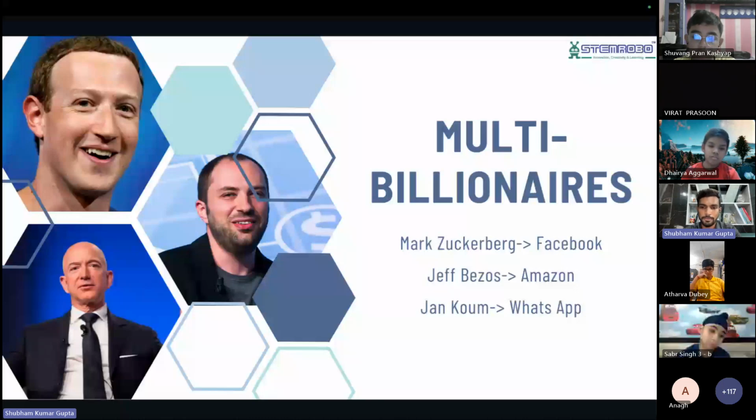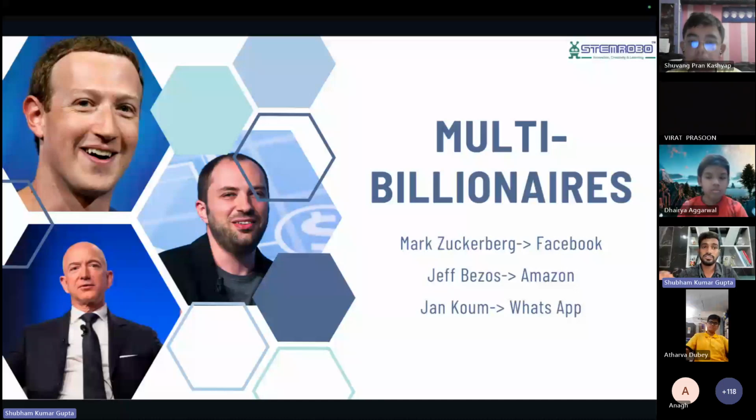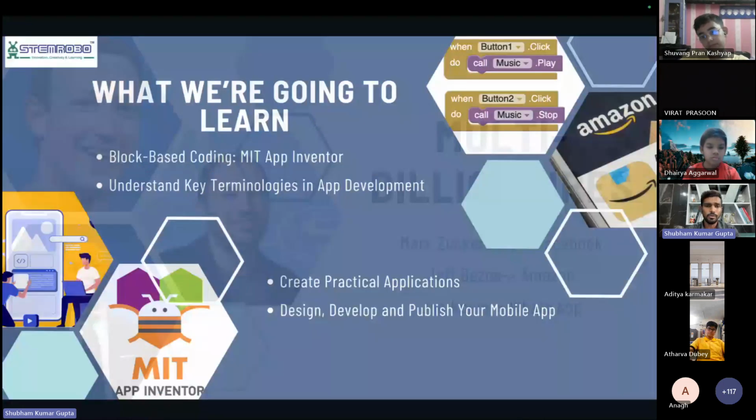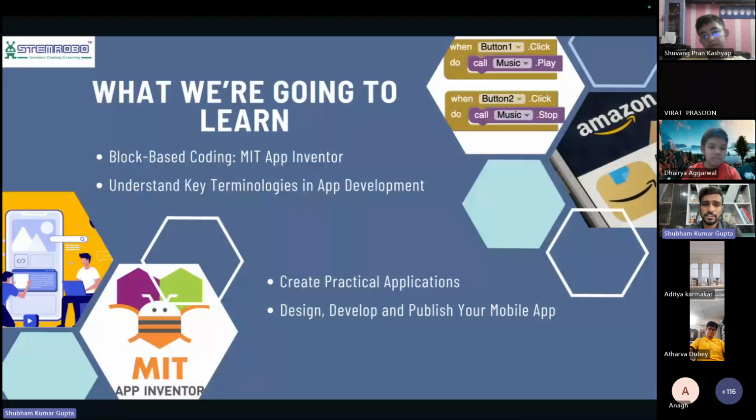Even the last name you can observe, Jan Koum, who invented the WhatsApp messenger, right? So they are earning billions. You can imagine, just by creating one application, right? So similarly, what we are going to perform today in this session, we are going to understand block coding, right? Which makes it very easy to understand.